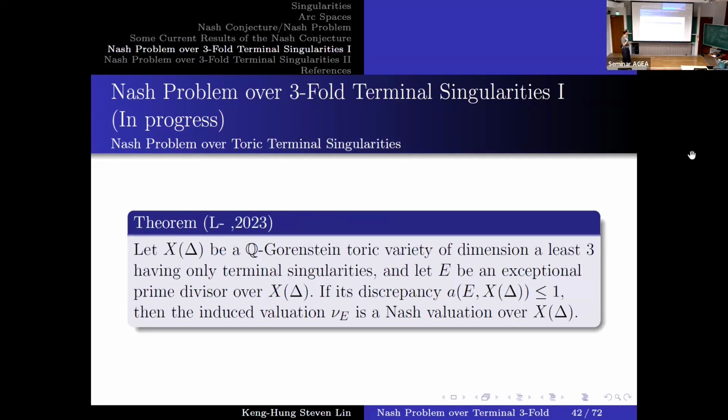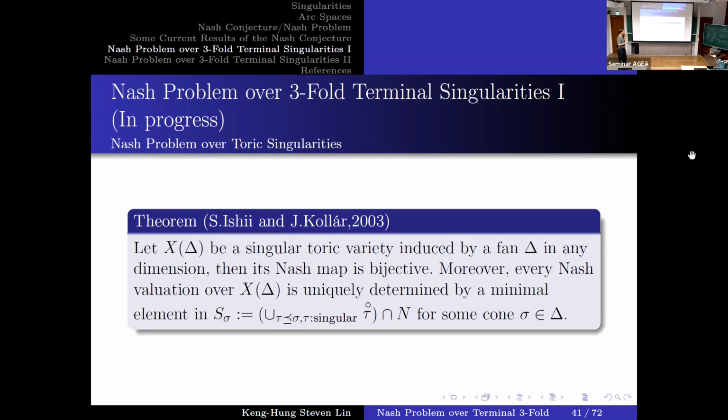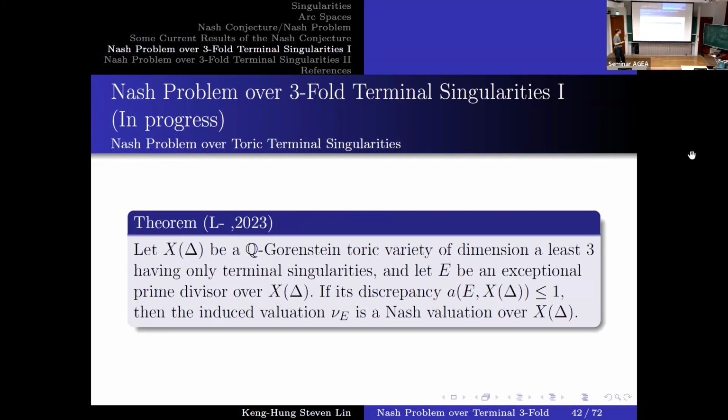Then this is my result. Their result is for an arbitrary singular toric variety, and my result focuses only on toric varieties having only terminal singularities. Let E be an essential divisor over X. We know that its discrepancy, which is the coefficient appearing in the relative canonical divisor with respect to E, is positive.